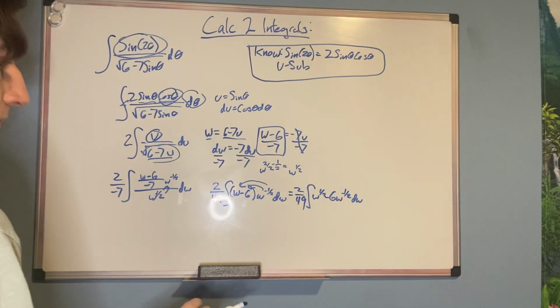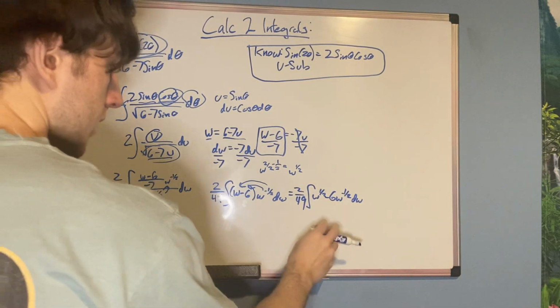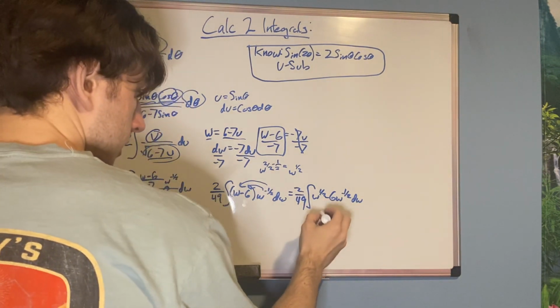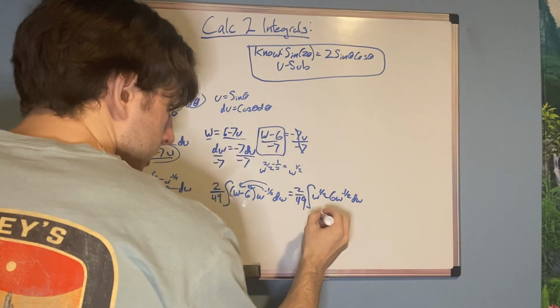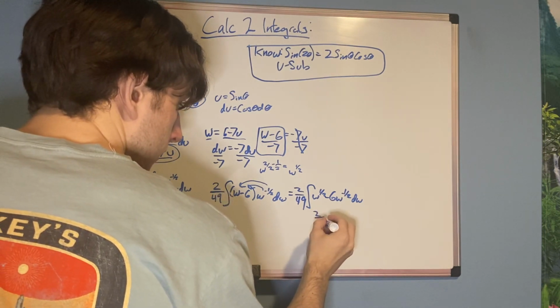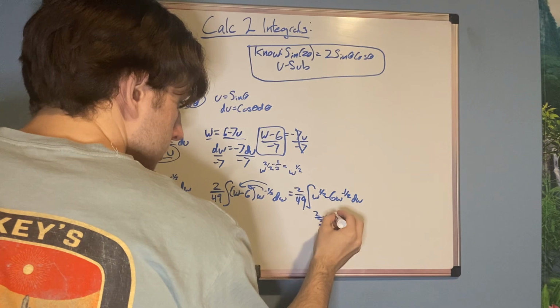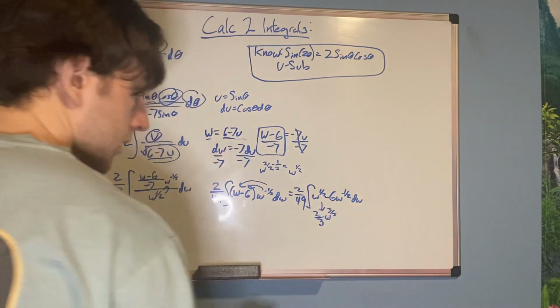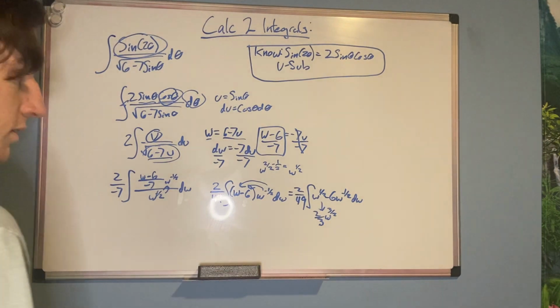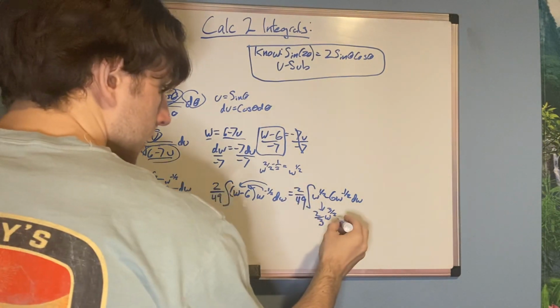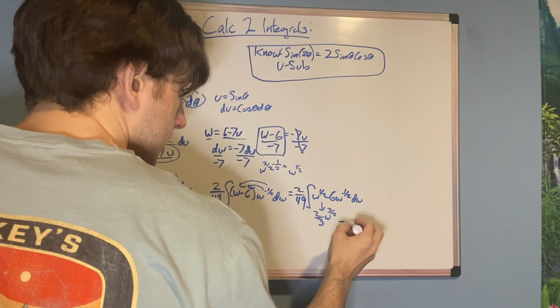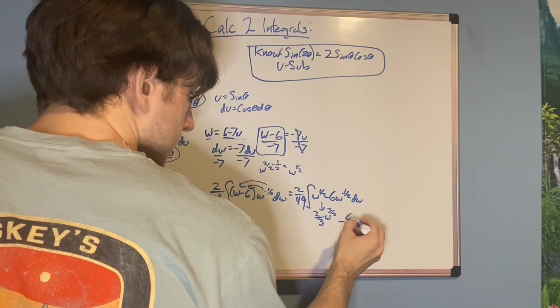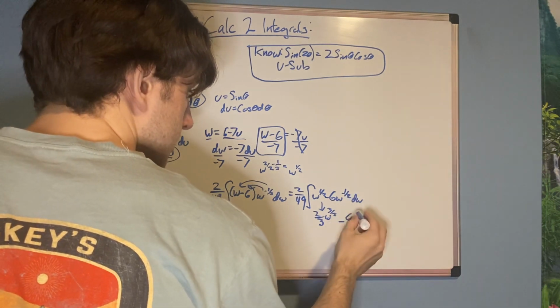So now what we can do is integrate. As you know how to integrate, w to the 1 over 2 becomes 2 over 3 w to the 3 over 2. And then we have minus 6 w to the minus 1 over 2.